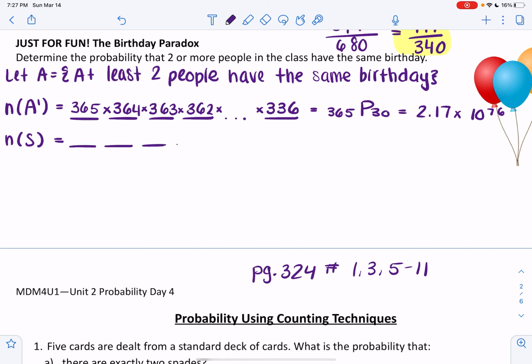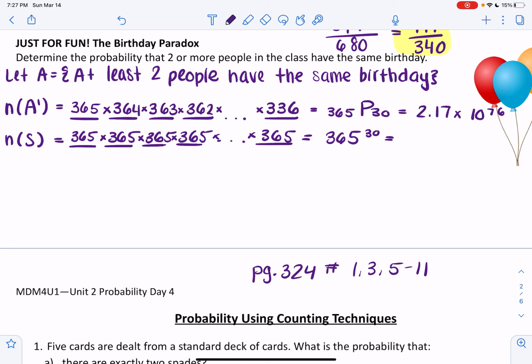So our first person would have 365 options, so would the second, so would the third, so would the fourth, all the way to the 30th, because it doesn't matter what day they pick. Now because we need the first student and the second and the third all the way to the 30th, we multiply those, so that will give us 365 to the power of 30, which is 7.39 times 10 to the 76.